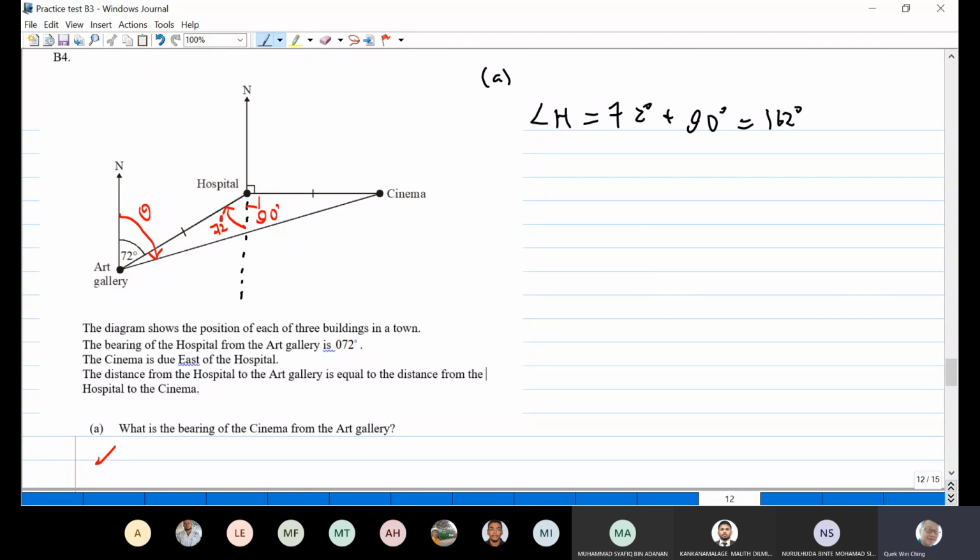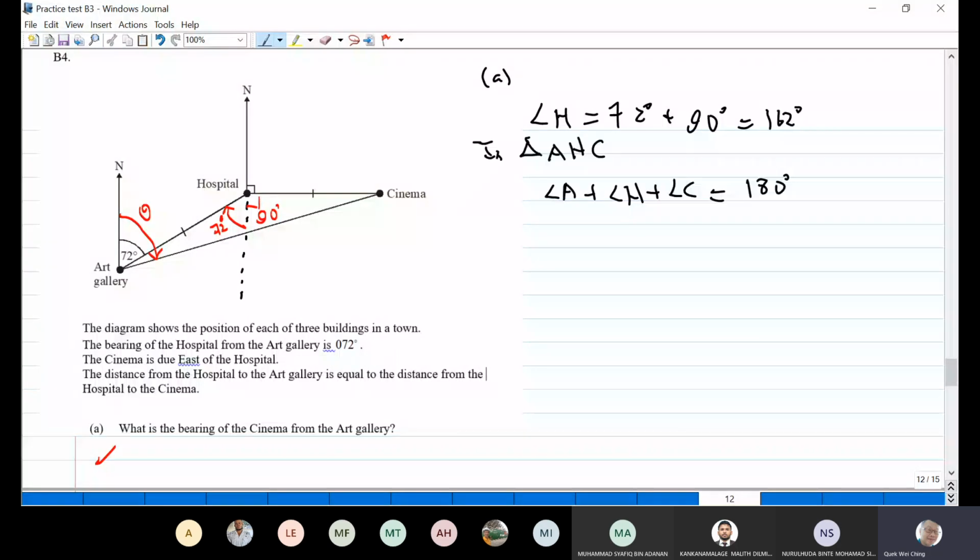Okay, then look at the triangle now. This angle is 162. So angle A plus angle H plus angle C in the triangle AHC add together must be 180 degrees.